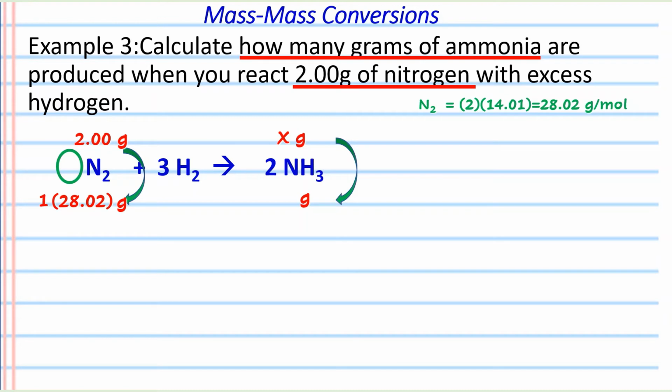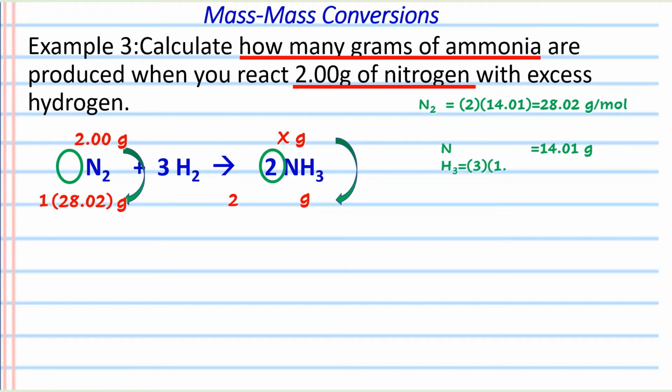Going over to the ammonia side, again, we're going to bring that coefficient down. We always want to bring the coefficient into the denominator, telling us the number of moles, but we can't stop there because grams is the unit in the denominator, so we need to find the mass of NH3. So looking on the periodic table, we know nitrogen has a mass of 14.01.